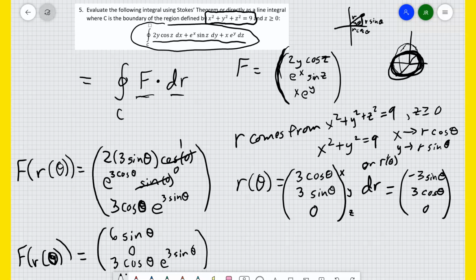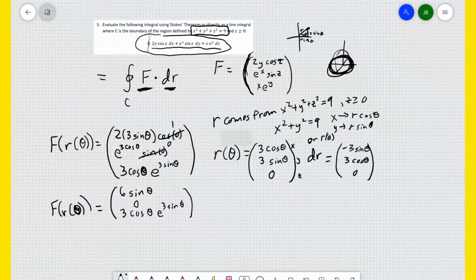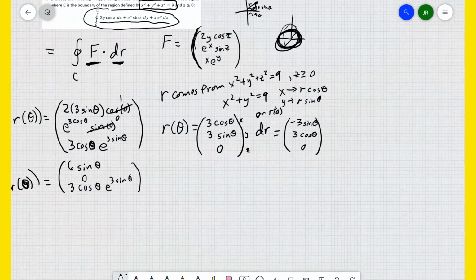So now I've got f in a way that I can dot product that thing with r. All right, let me work on that.